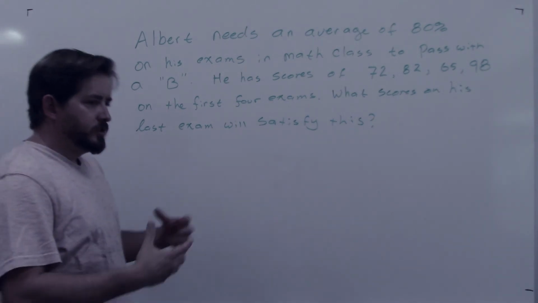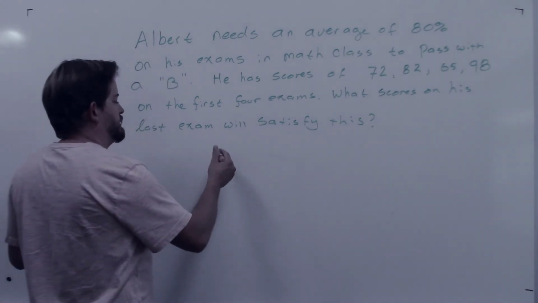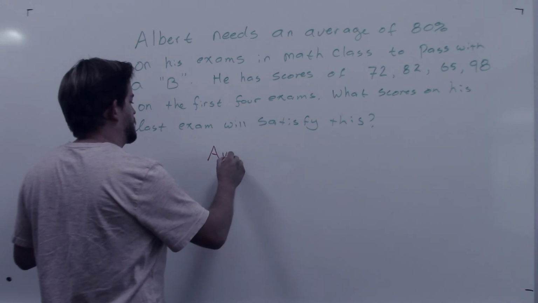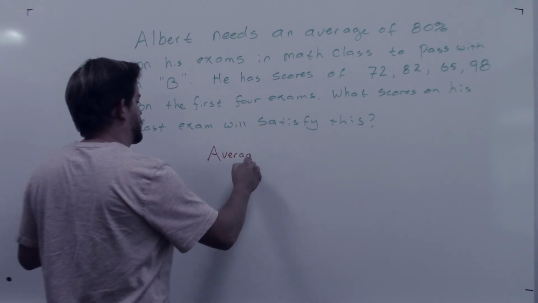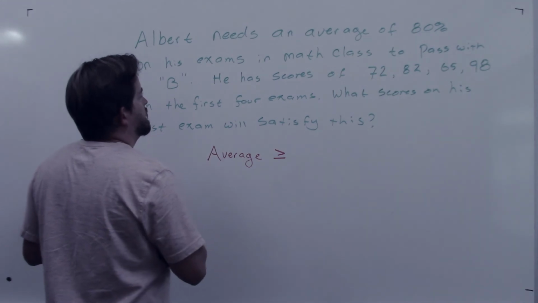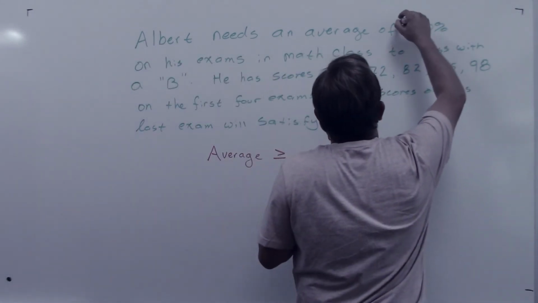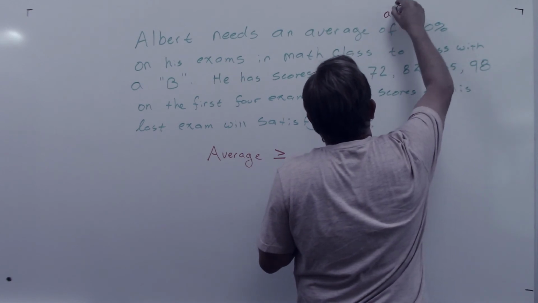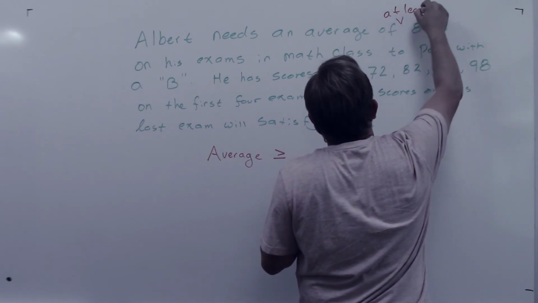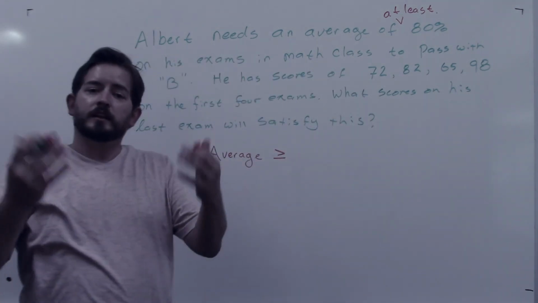So again, just the general idea here is Albert's average needs to be greater than or equal to 80, at least, meaning it could be 80, anything above will also work.